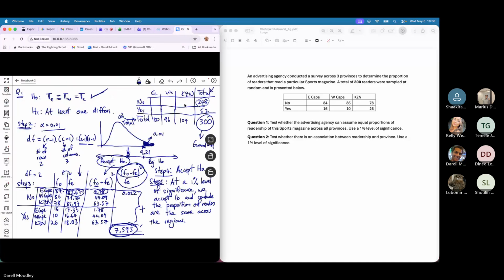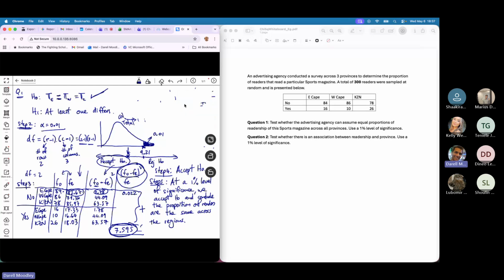So all of this work was a test of equal proportions, because as you can see for your H naught, you're testing whether the proportions are equal across the different provinces. So this is the chi-square test of equal proportions.